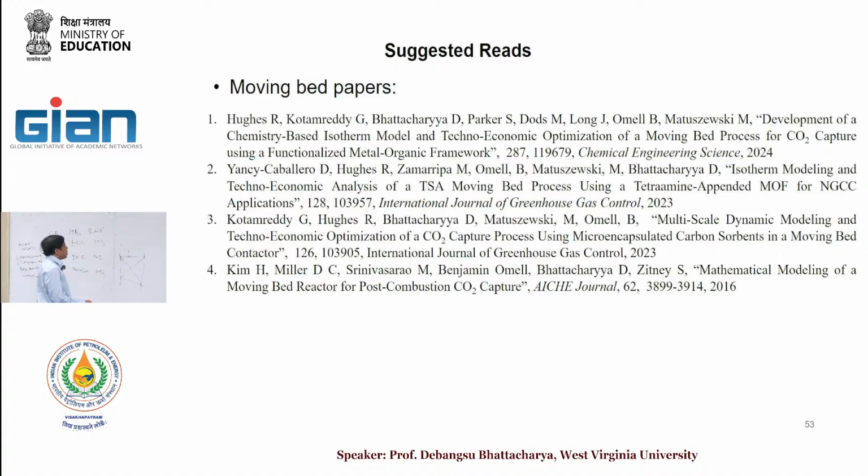Moving bed paper, original paper, Gautam Kotamreddy, he developed one of the first ones here, and Srinivas Rao, they are among the first that developed these moving bed models, and then Ryan and Dyson, they expanded all of those, but there are actually a bunch of papers in the moving bed where we keep extending and enhancing the model.